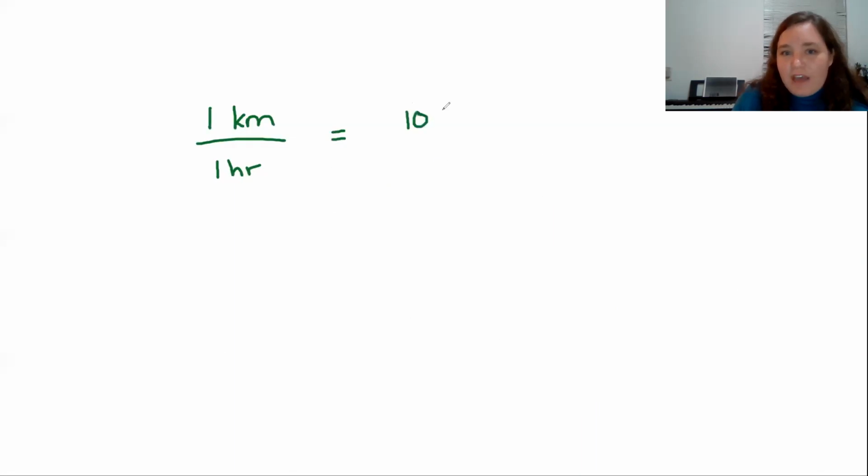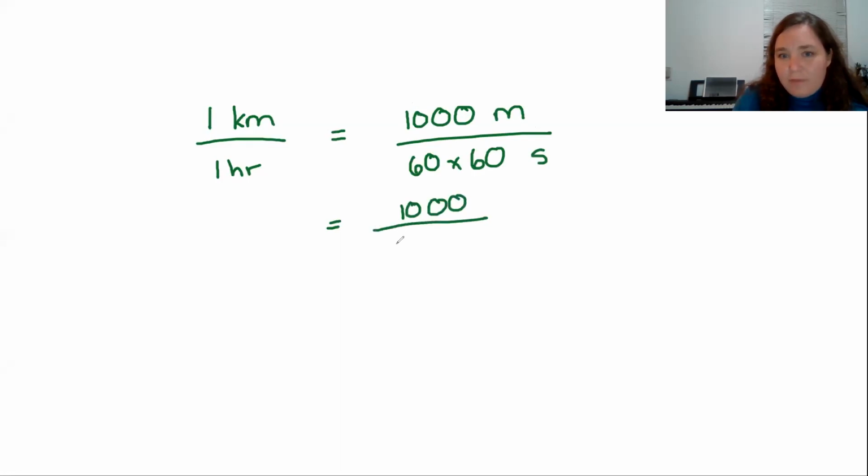All right, so if I have 1 kilometer in a time of 1 hour, that gives me 1,000 meters in 1 hour, which is 60 minutes of 60 seconds. So if I do that, I get 1,000 divided by 3,600. And if we then go a little bit crazy with our dividing, I have 1 divided by 3.6.